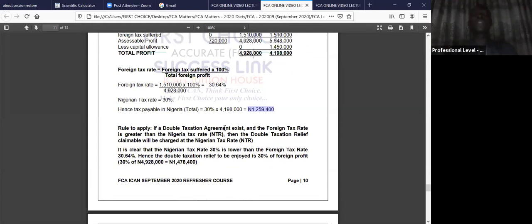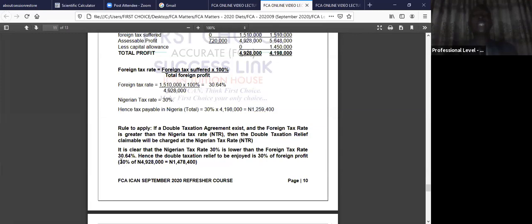If the double taxation agreement exists and the foreign tax rate is greater than the Nigerian tax rate, then the double taxation relief would be charged at the Nigerian tax rate. So since 30% is smaller than 30.64, we are going to use 30% of this foreign profit to find how much is the relief.